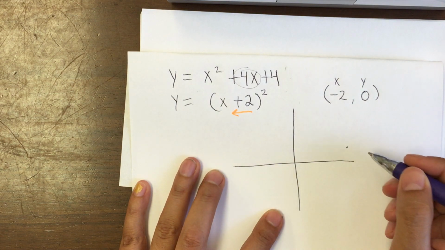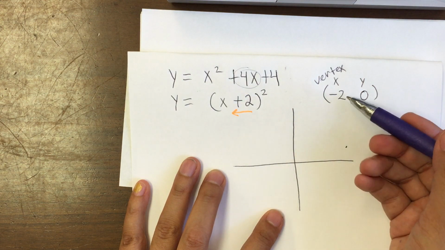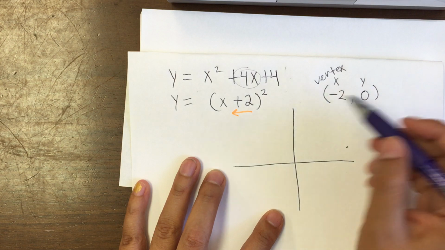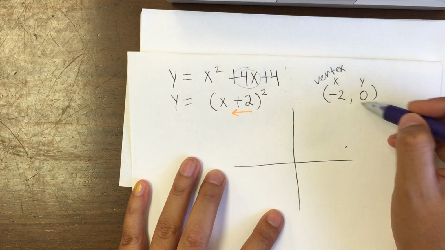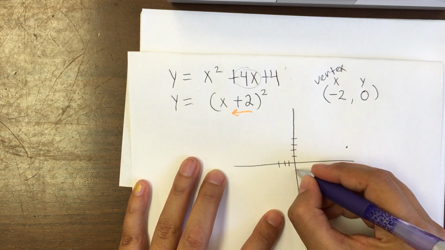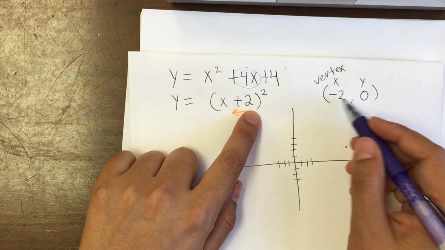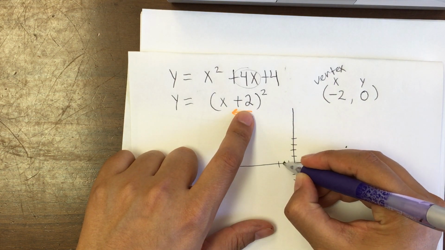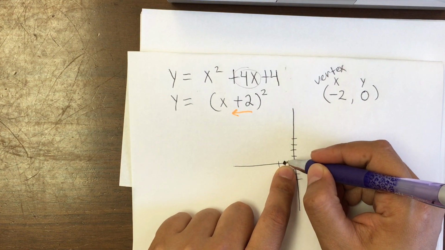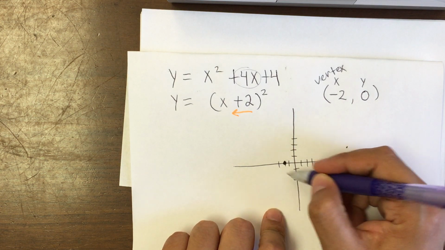This is my vertex. It went to the left 2 spaces, so that's why it's -2, and then nothing is added or subtracted, so that's 0. So my vertex is -2, 0, it's right there. That's where my graph is going to open up or open down.